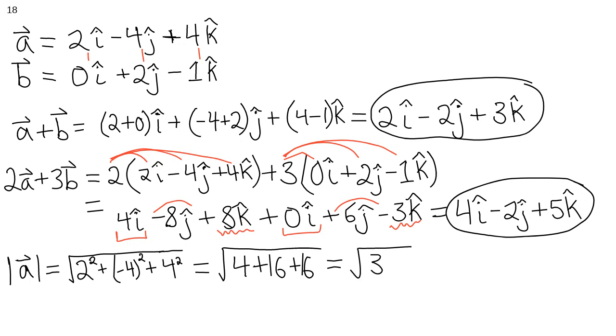Square root of 36 is what? The square root of 36 is 6. Yeah, 6. So square root, it could be plus or minus 6, but which one is it? Is it plus 6 or is it minus 6?